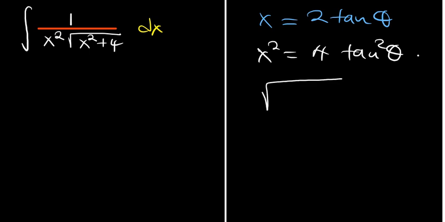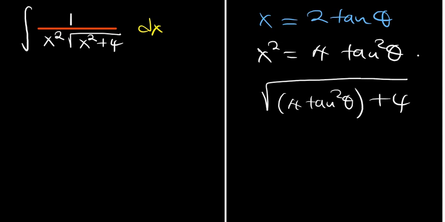The square root we have is x squared, so for x squared we found 4 tan squared of theta, and then plus 4, right? As you can see, 4 is common, so we can factor out the 4, and we remain with tan squared of theta plus 1.